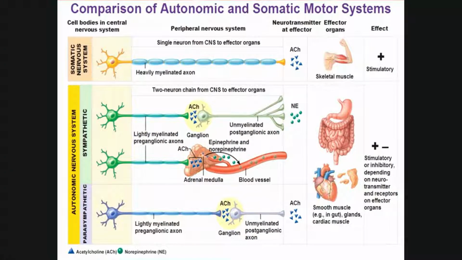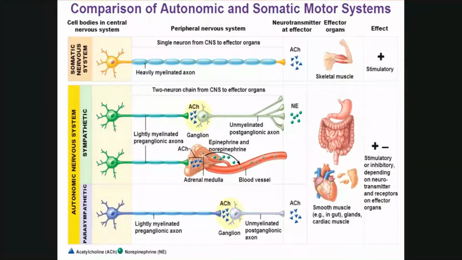Comparing these pictures, these are the neurons that are common for both autonomic nervous system as well as somatic system. The somatic nervous system axons are heavily myelinated, whereas the axons of the autonomic nervous system are slightly myelinated, or the myelin sheath is completely absent.